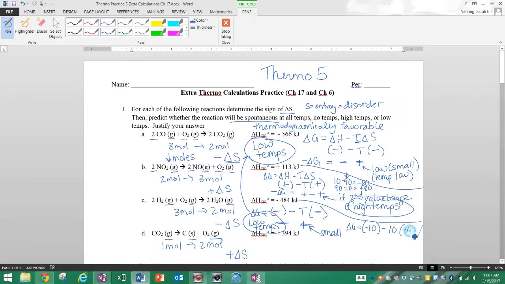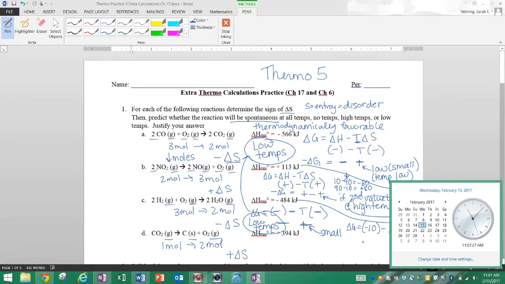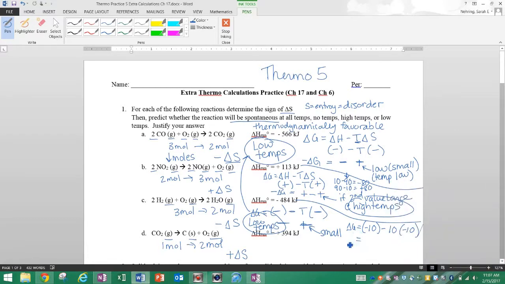So let's plug in 10 for everything. Then the delta G at this temperature would be negative 10 plus 100, you'd end up with a positive delta G value. If you lower the temperature to 0, you would end up with a negative delta G value.